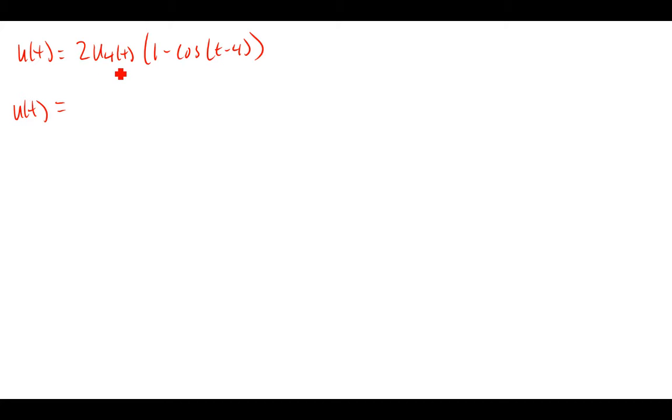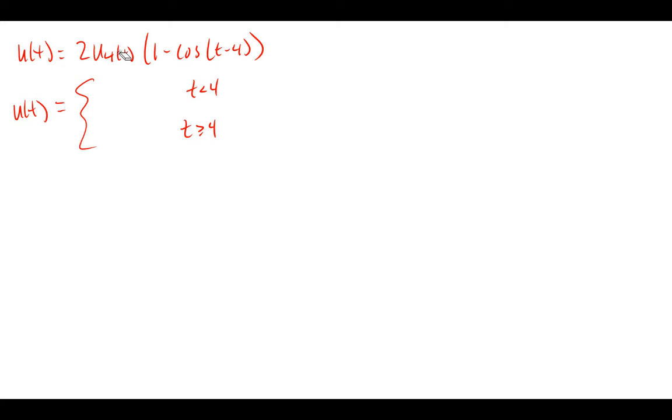But since this is a step function, u_4, you could leave it like that and expect the reader to know what that means, or you could do them a little bit of a favor and do a little bit of interpretation, where you say, well, the step function does something that's either 0 or 1. So up to time 4 versus after time 4, you have two very different behaviors.